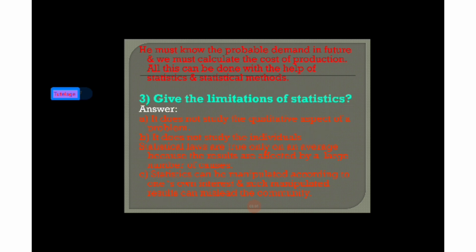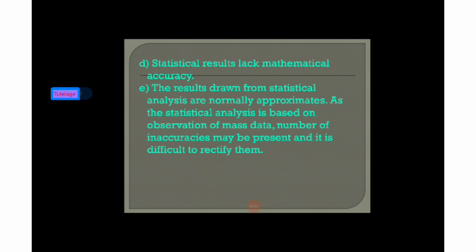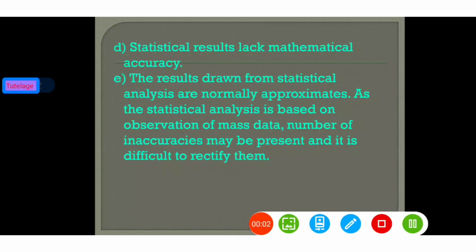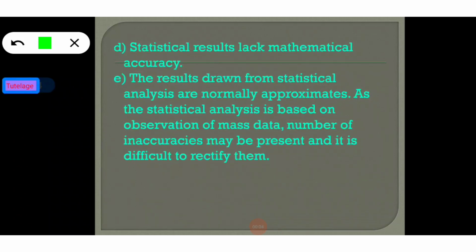Now going to the next limitation. Statistical results lack mathematical accuracy also. Basically it doesn't study the individual. Now the last one: the results drawn from statistical analysis are normally approximate, because it focuses on the average of quantitative data, numerical values and so on.